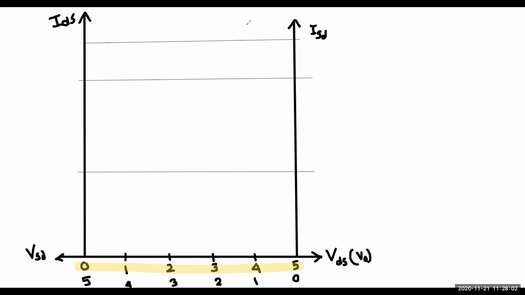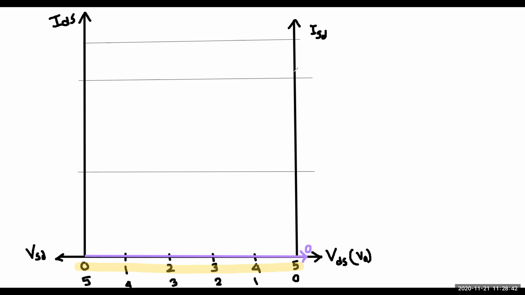Current is 0 means cutoff. That means it will go towards the 0. Understood? Yes, sir. Then what is the corresponding input? Input is also 0. So let's write 0 here.